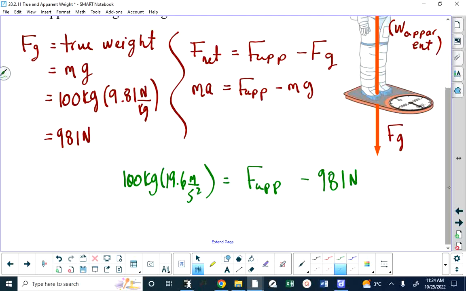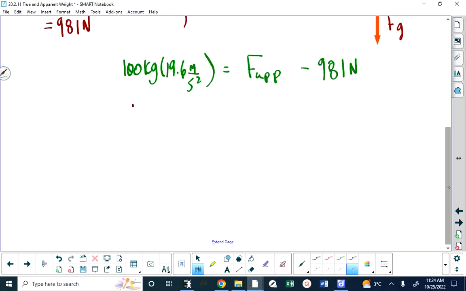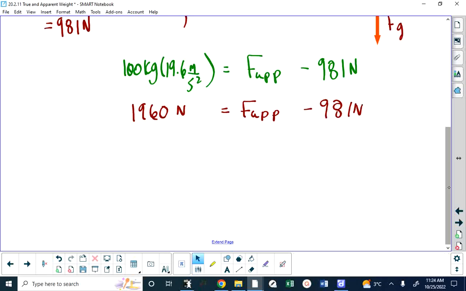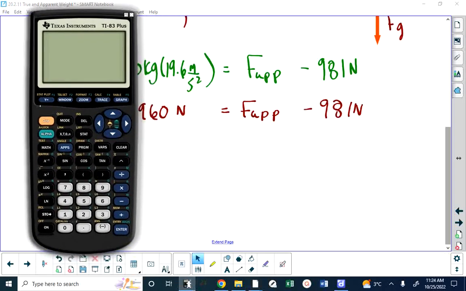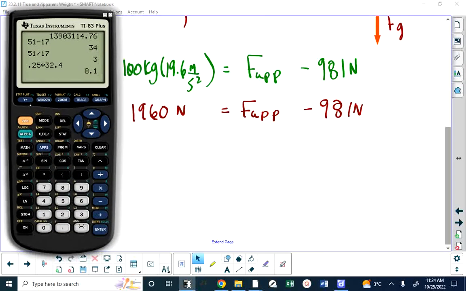So you're going to have to find out what this is, 100 times 19.6, which is 1960. 1960 newtons equals the apparent weight, which is the applied force minus 981 newtons. 1960 plus 981 to move that over is 2941 newtons.